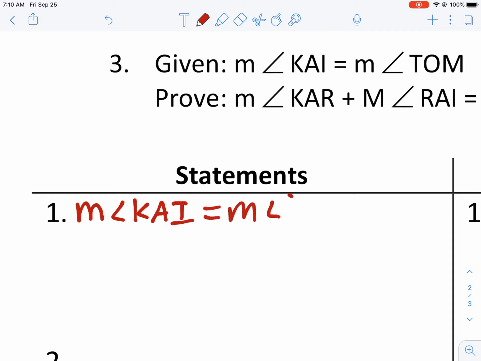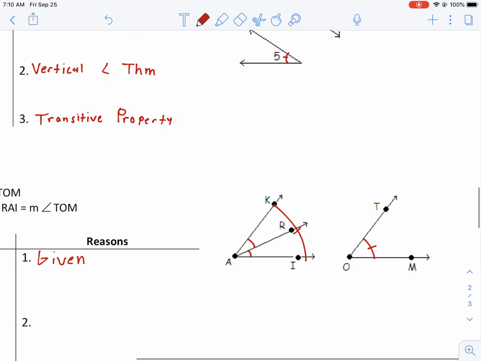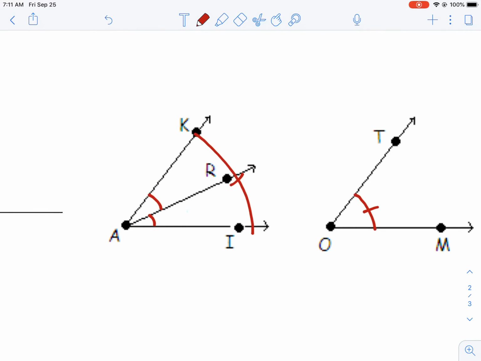So we're trying to prove that these two smaller angles, KAR and RAI, add up to TOM. What are we going to do? We're going to show they add up to KAI, and then we know KAI equals TOM, so we can use substitution. So again, transitive property and substitution coming up again.